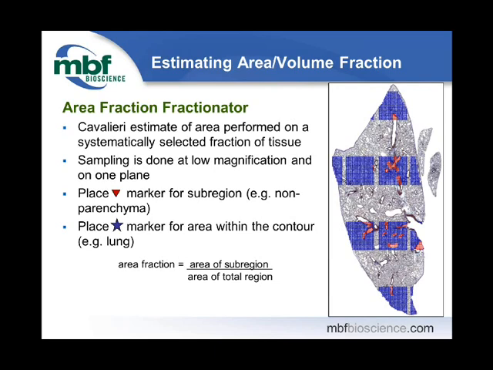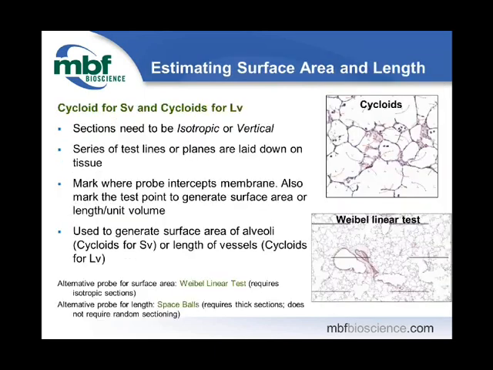What you can see on the right illustration allows us to randomly and systematically visit different XY locations, and then when you get to those XY locations on your sections, you'll use a red triangle to mark one type of tissue, in this case airways and capillaries, non-parenchymal tissue, and a blue star to mark the parenchymal tissue, and then you can get an estimate of one type of tissue per another type of tissue. And that probe is called the area fraction fractionator and uses point counting.